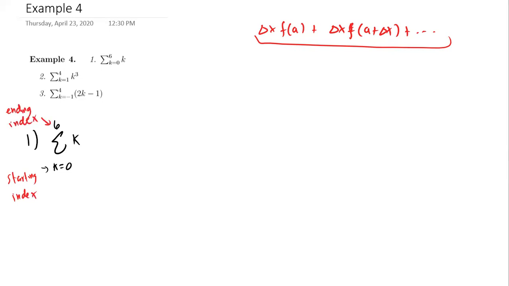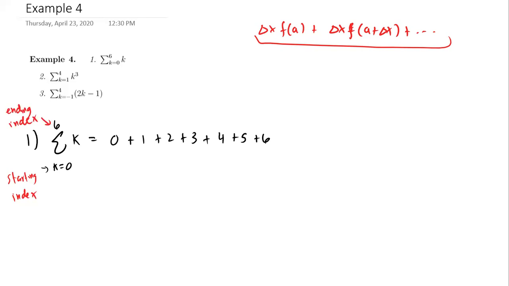So how do you read this? What this means is start with k equals 0, and you're going to add everything. So add k as k goes from 0 to 6. Start with k equals 0 plus k equals 1 plus k equals 2 plus k equals 3 plus k equals 4 plus k equals 5 plus k equals 6.